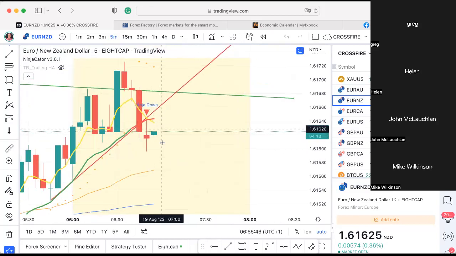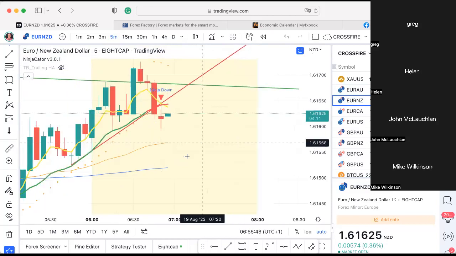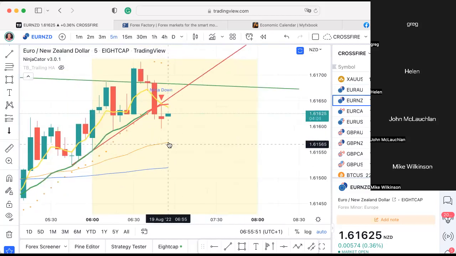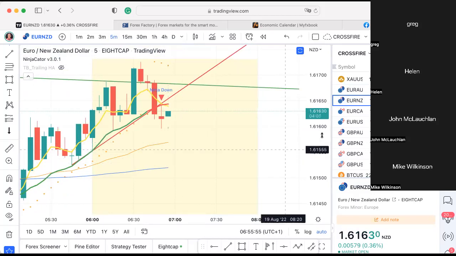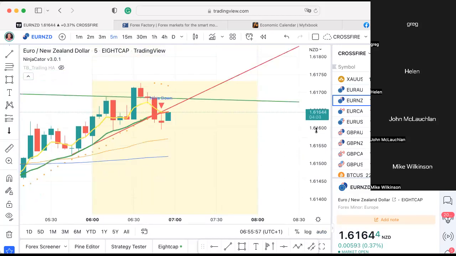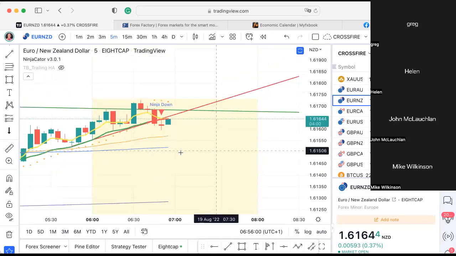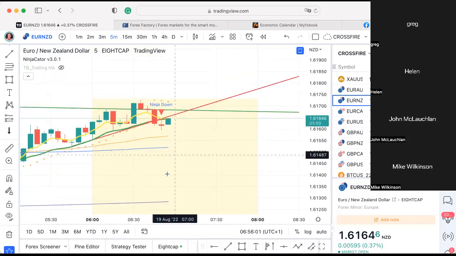But in this case, we've got a couple of potential targets. You've got a 50 moving average, 200 moving average. Let's have a look, see if we can find the 800. There's the 800. So this one's looking a bit more promising to get down to the moving averages as targets.